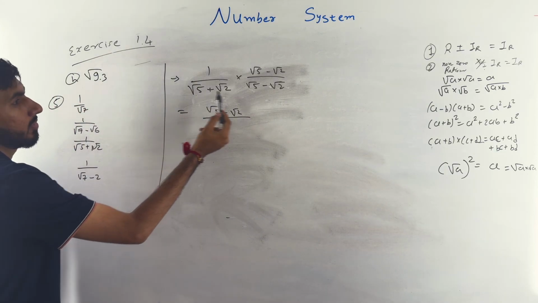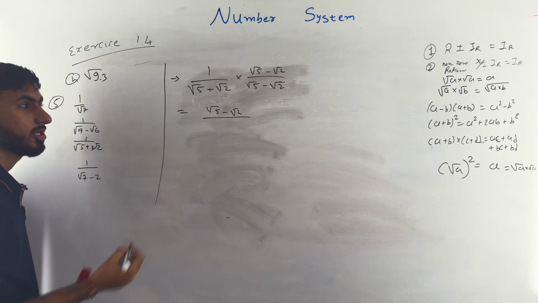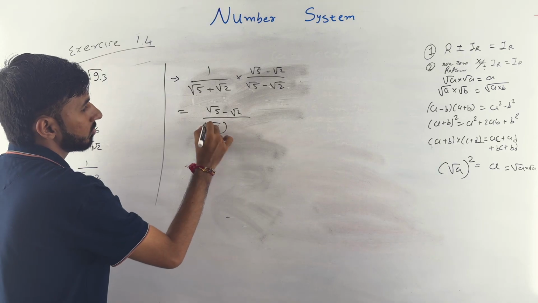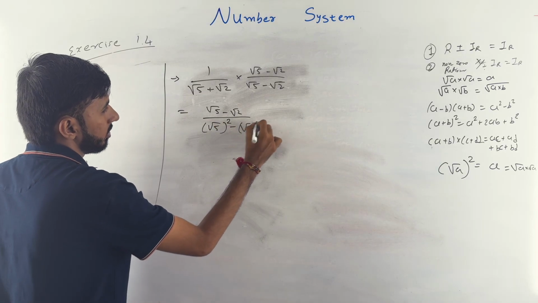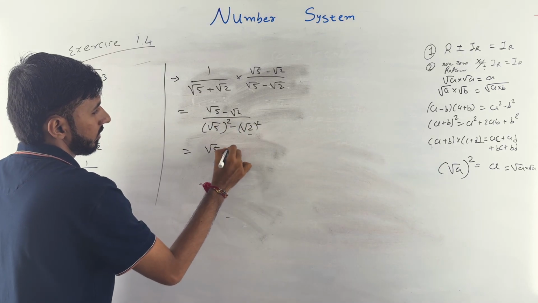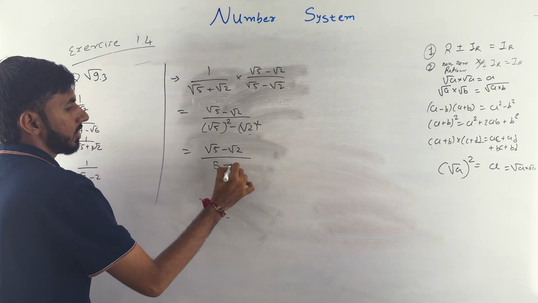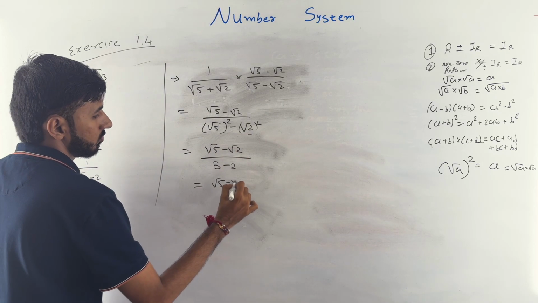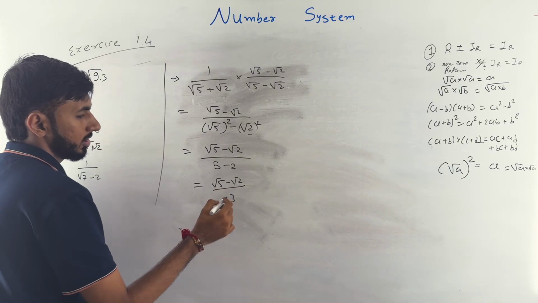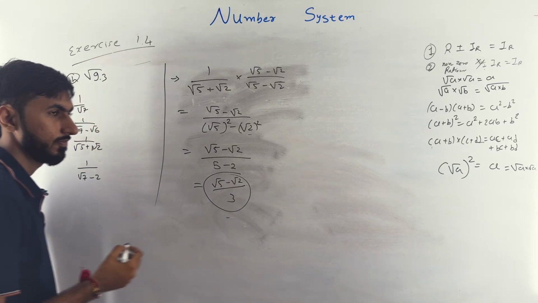In the denominator I have a plus b multiply a minus b. Simply it is a square minus b square, so I can write root 5 square minus root 2 square, that is 5 minus 2. So root 5 minus root 2 upon 3, right? So this is our answer.